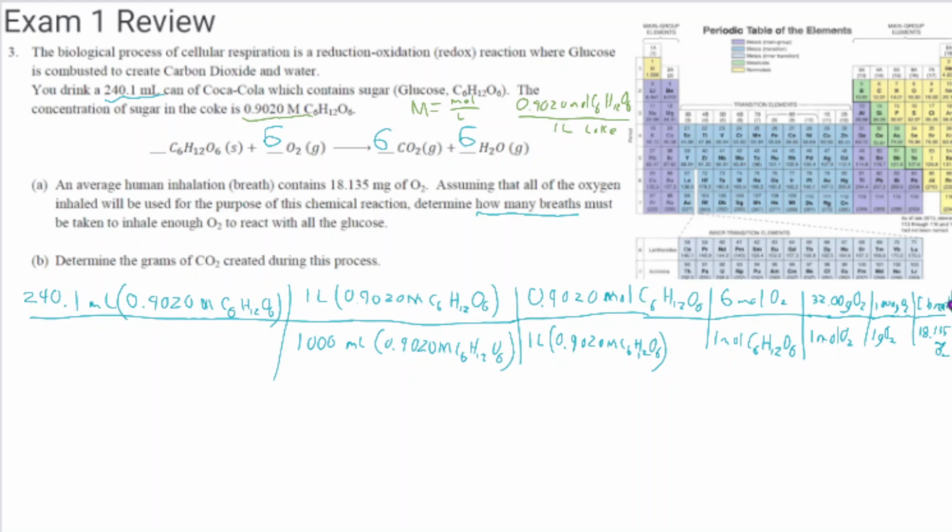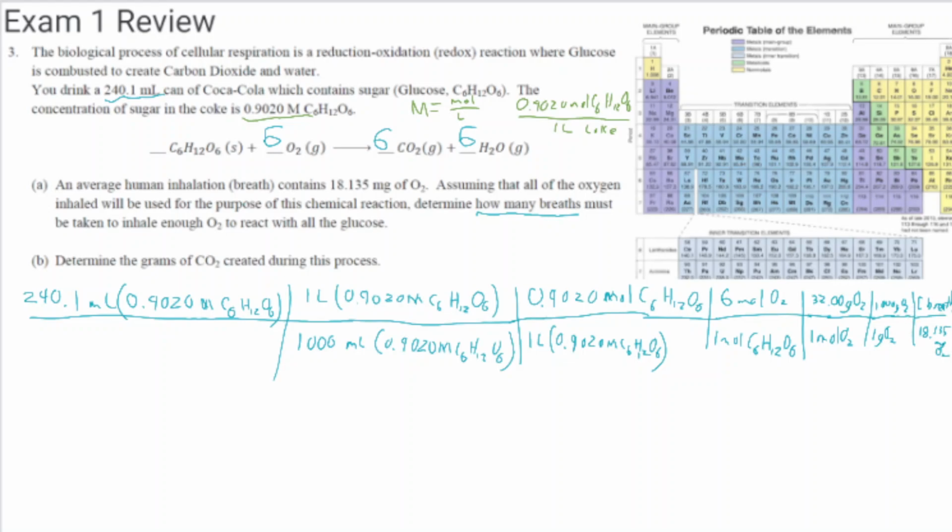All right, so now we need to go through and make sure all of our units cancel. So we have milliliters of our solution per milliliters of our solution, liters of our solution, liters of our solution. Then we have moles of our C6H12O6 over moles of C6H12O6, moles of O2 over moles of O2, grams of O2 over grams of O2, and then, sorry, I miswrote that earlier.